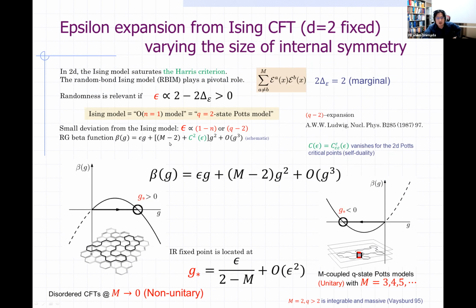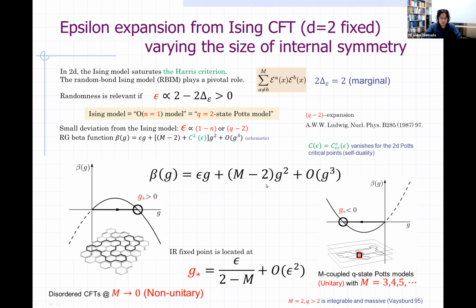This is diagram counting, plus c squared, where c is the structure constant for the energy operators. In the Potts model in 2D, this c squared vanishes because of the self-duality of the Potts model in 2D. So in that case, we have this schematic beta function.